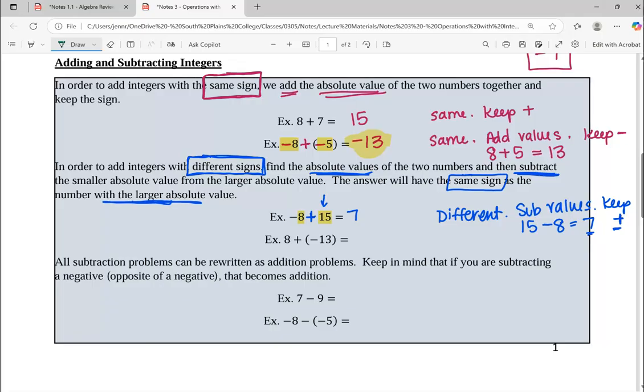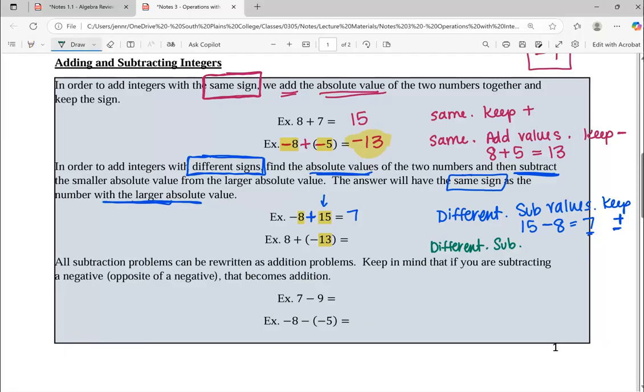Flip-flop that. If I have a positive 8 plus a negative 13, notice one's positive, one's negative, so I still have different signs. Meaning I still need to subtract those values. When I'm looking at the values, I'm talking about the physical absolute value.